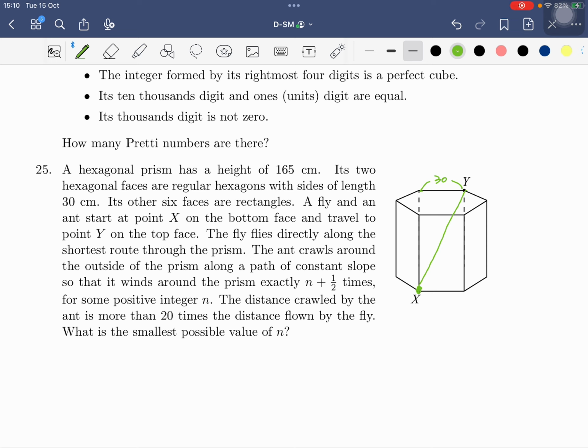Okay, so let's calculate the fly's trajectory length. When we see this hexagon, if this side is 30, then this is 30. This is a right triangle, a special angle case, because this is 60 and this is 30.